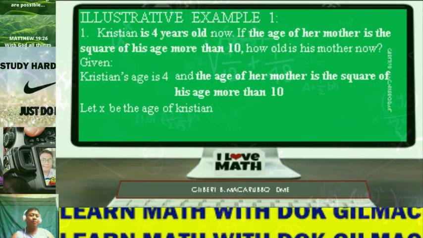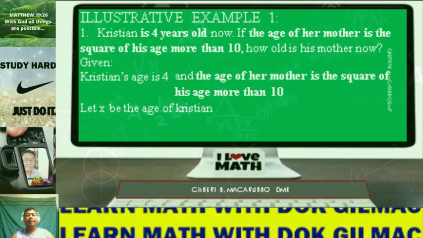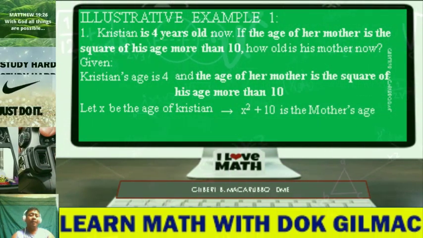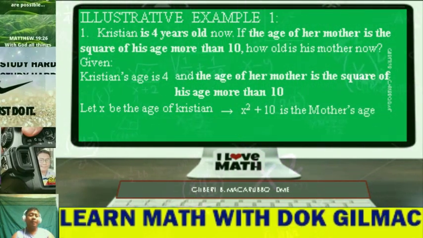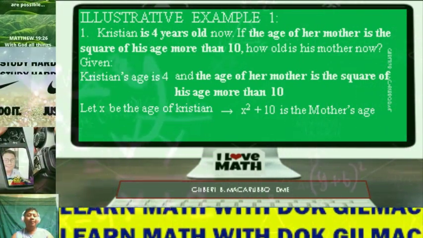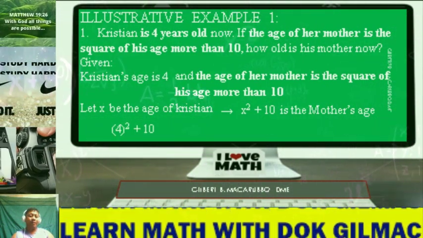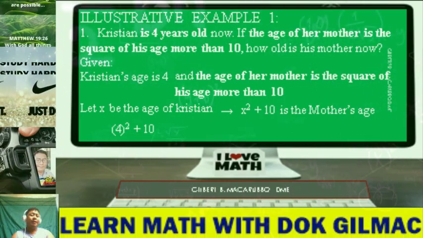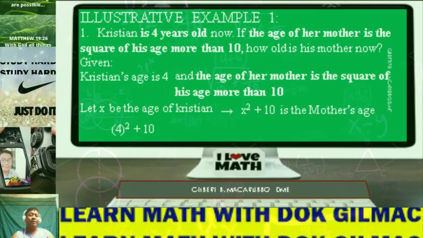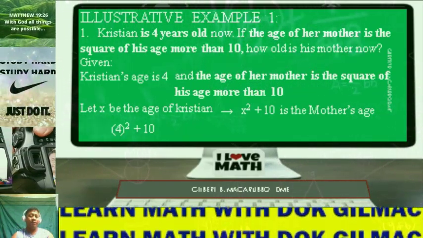If we let x be the age of Christian, this implies that the age of his mother is simply x squared plus 10. So from here, we substitute x with 4 since the age of Christian is given, which is 4.